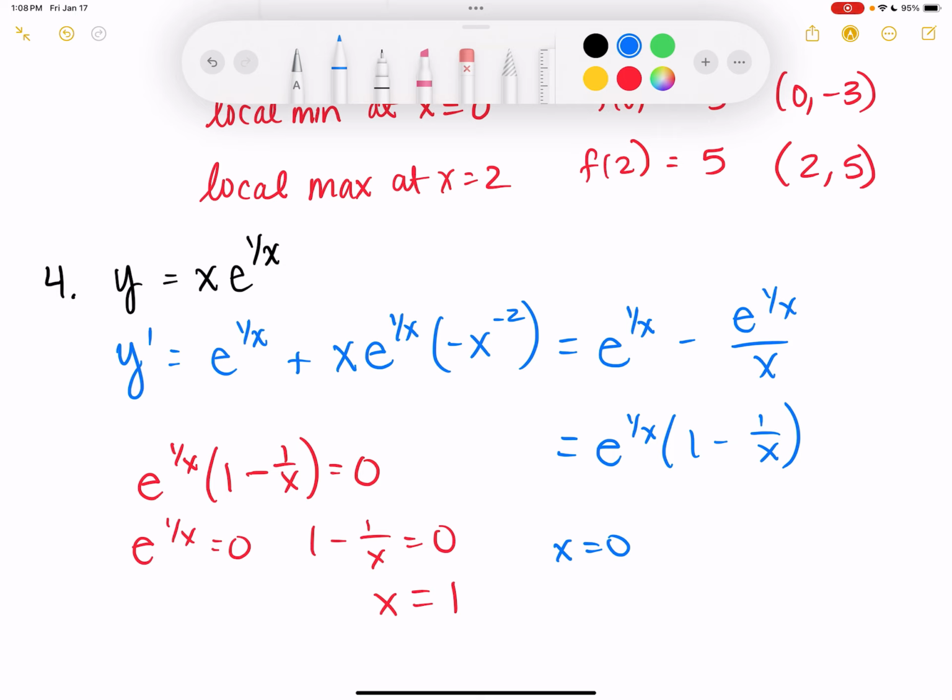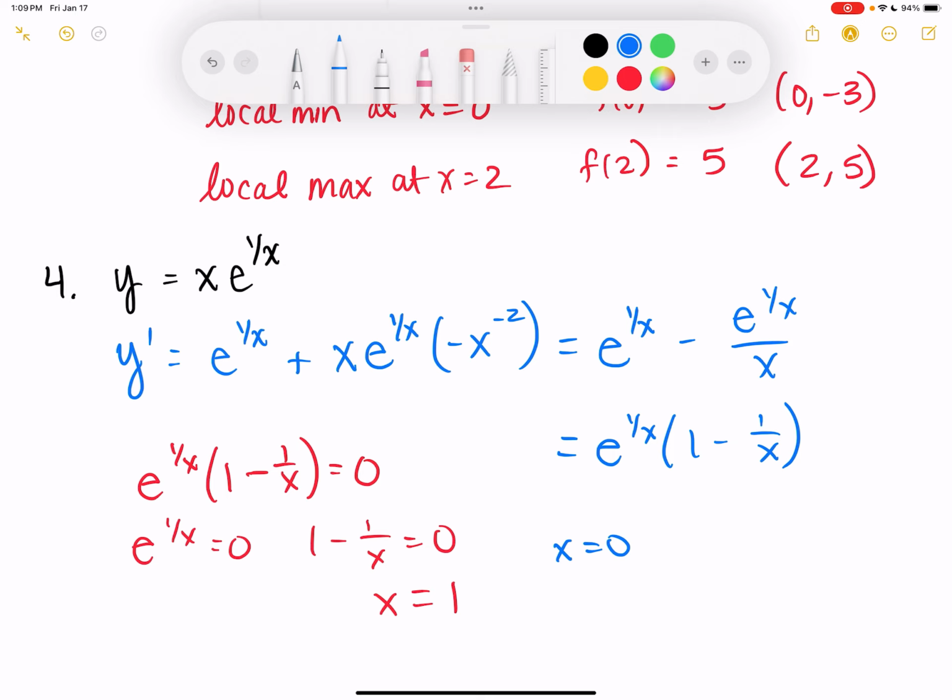Pretty much, same thing as regular undefined. So it just can't be x equals 0. But it can't be x equals 0 in the original either, which is why we're not going to be able to have a min or a max there.